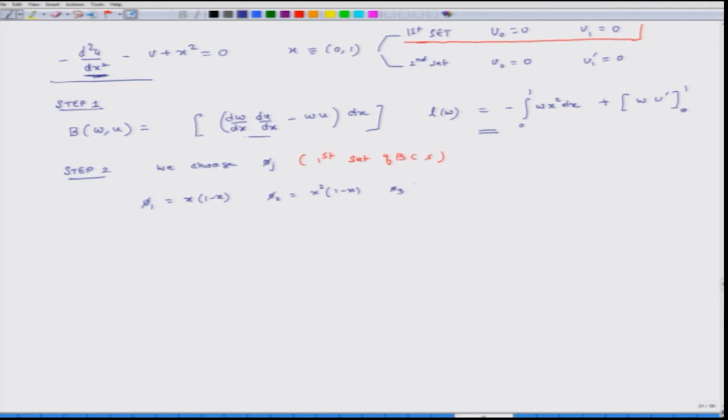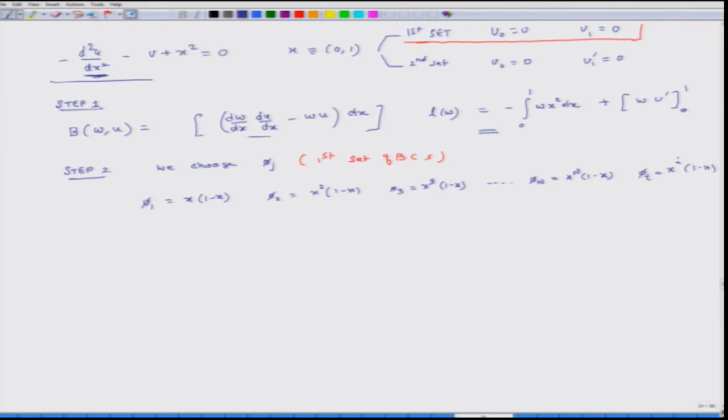Phi 3 is x cube times 1 minus x, and phi n is equal to x to the n times 1 minus x. So, in general I can write it as phi i is equal to x to the power of i times 1 minus x.